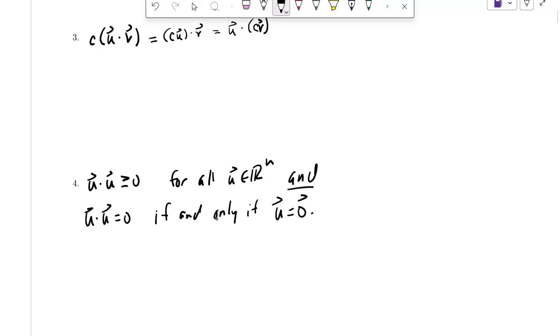It's not too hard to see why the first condition is true for Euclidean vectors, because when you dot a vector with itself, you square the first component, you square the second component, and all the way down, and you add them all together. That can't be negative, and the only way it could possibly be 0 is if you do square 0 plus square 0 plus square 0 all the way across. So that's what this is saying. Lengths have to be positive, and the only vector that has length 0 is 0.